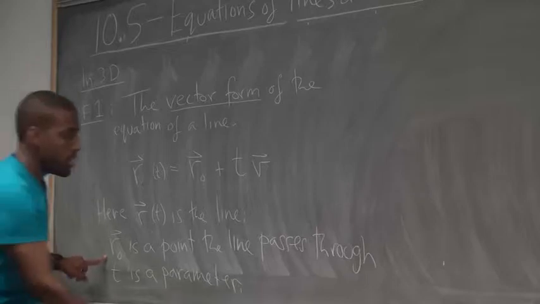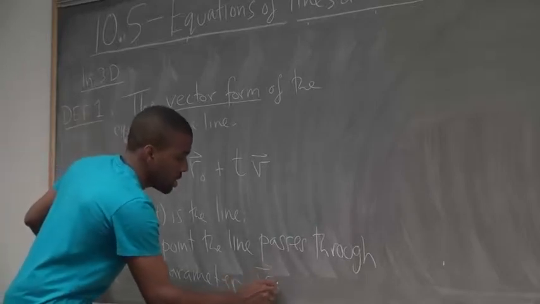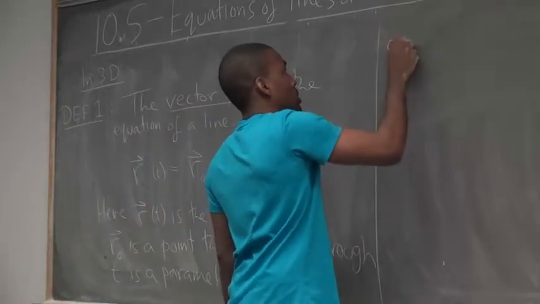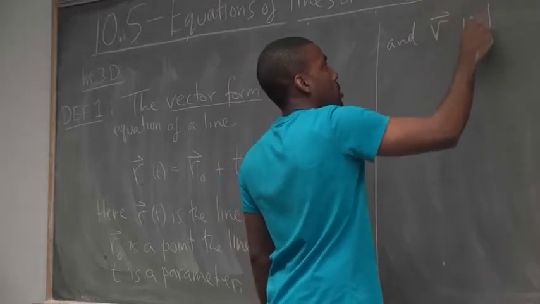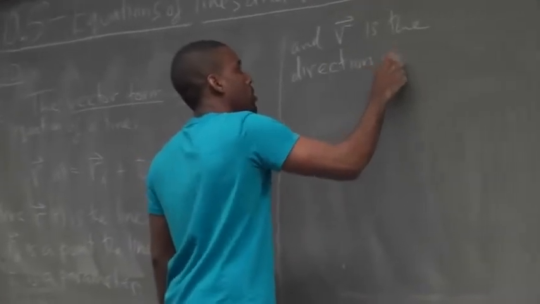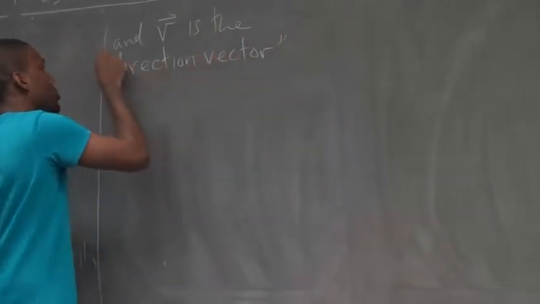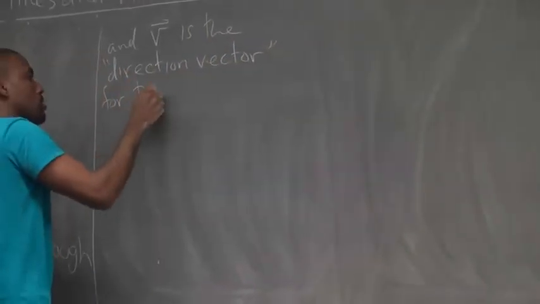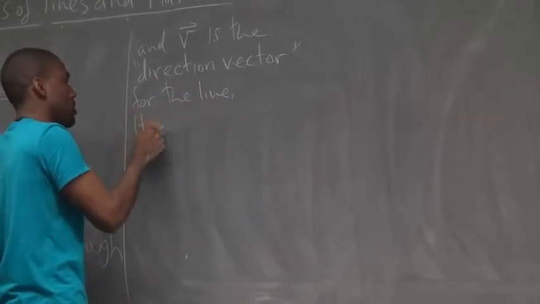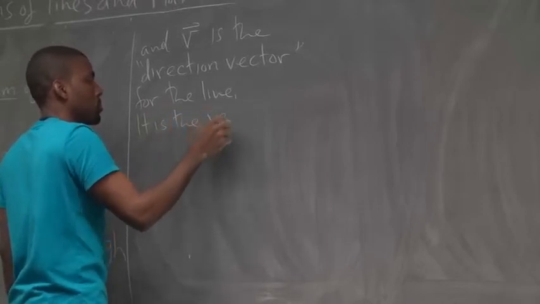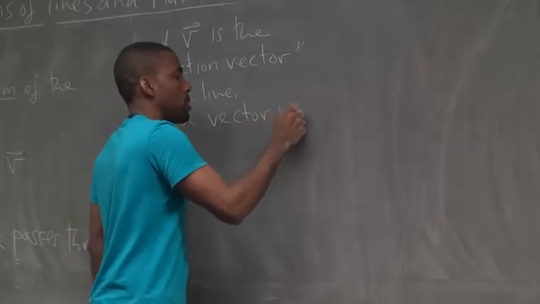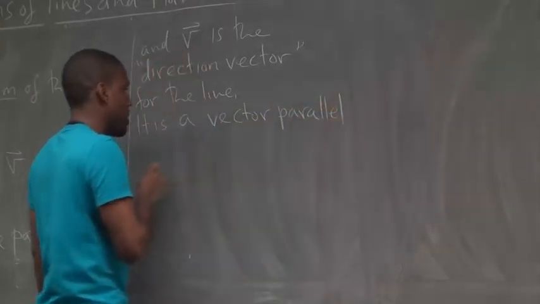T is a parameter, and V is the direction vector for the line. It is a vector parallel to the line.